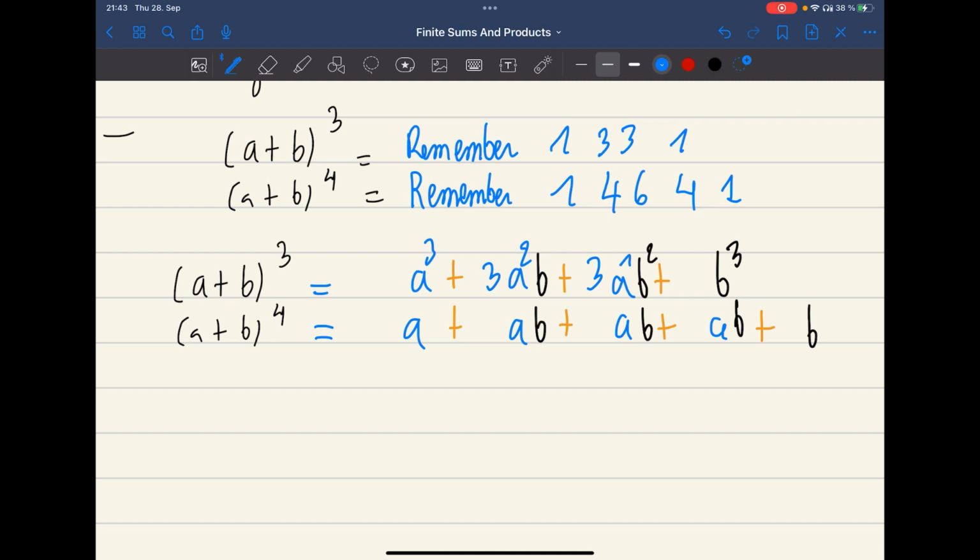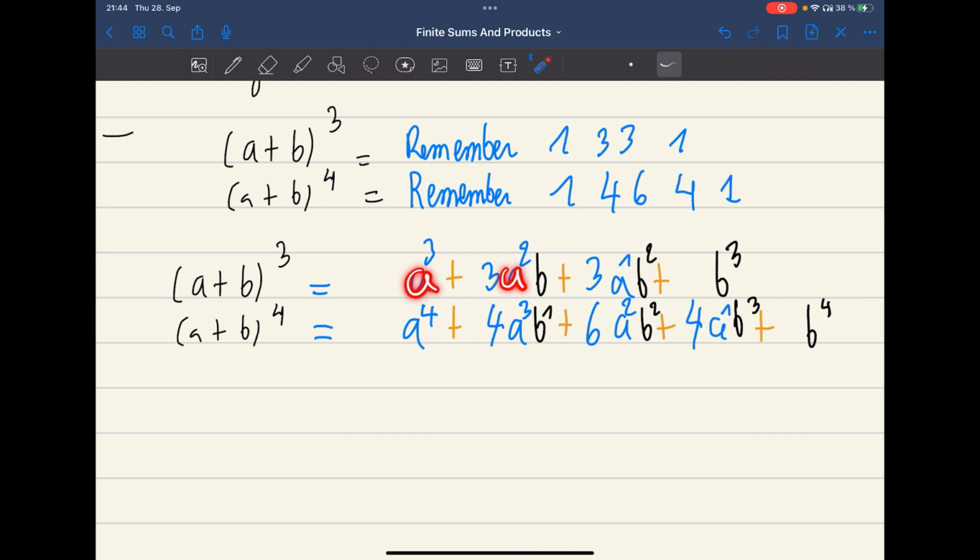Same idea with power of 4. 1, 4, 6, 4, 1. Don't forget the powers. So you notice when we have the power of 3, we have 3 of each, so 1, 2, 3 for the a, and when you have to the power of 4, we have 4 times b, so 1, 2, 3, 4.